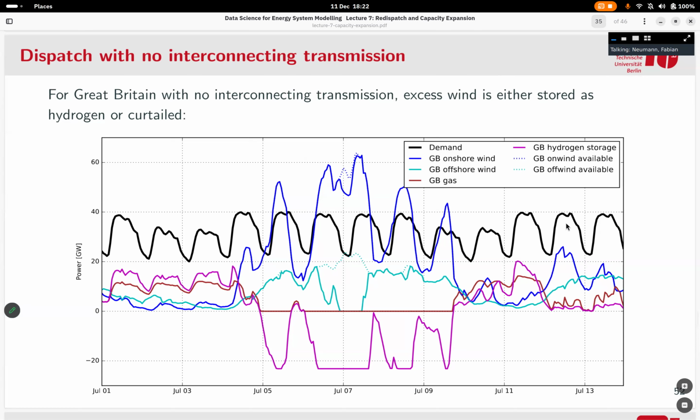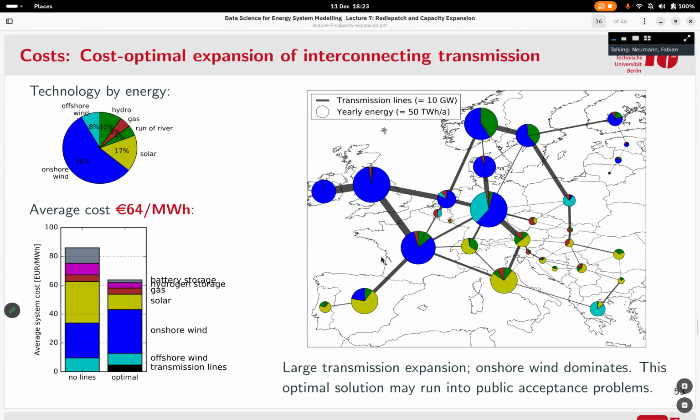But here you have no option to trade electricity between the regions. So here you have some period where you have an excess of wind that cannot be put into storage because the storage sizing is not cost optimal to build more of that. Then you have some curtailment here.